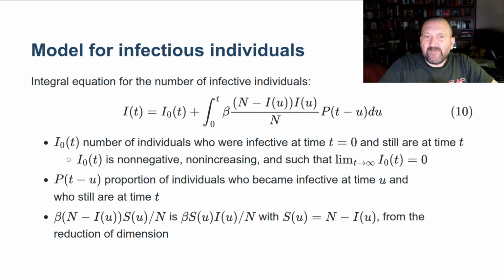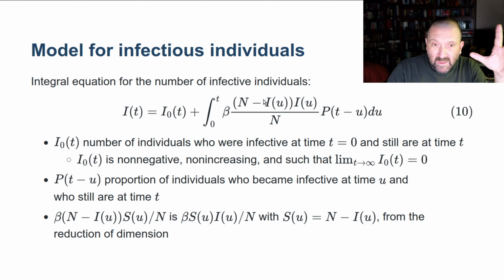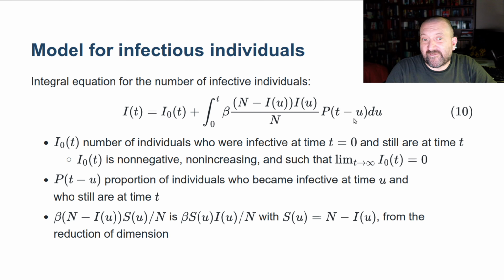And I then integrate this from 0 to t. So that means I'm varying u from 0 to t. And this is simply saying how many infections occurred at a given instant u, and how many of those people that became infected at time u are still infected at time t minus u. So just a remark, for example, let's take a simpler case.